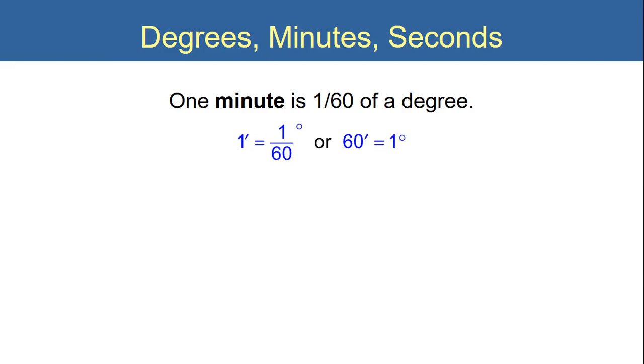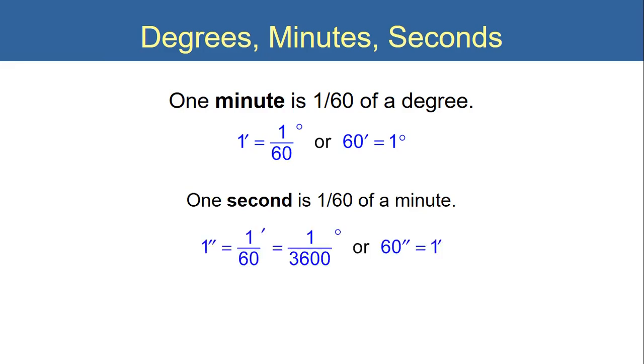After minutes, well, before minutes come what? Seconds. So 1 second is 1/60th of a minute, and how we write that is with a double apostrophe. In math, instead of saying apostrophe, we may call them primes. So we have double prime and single prime.